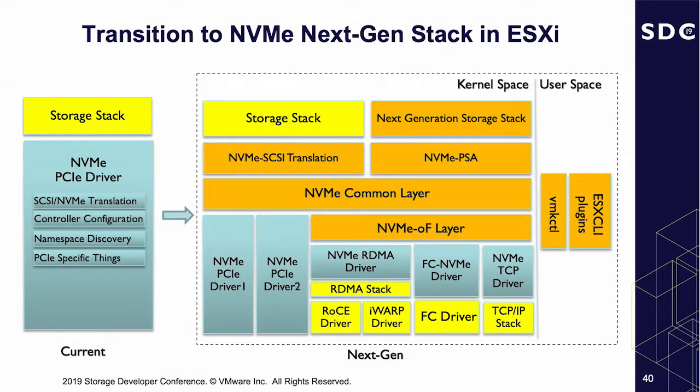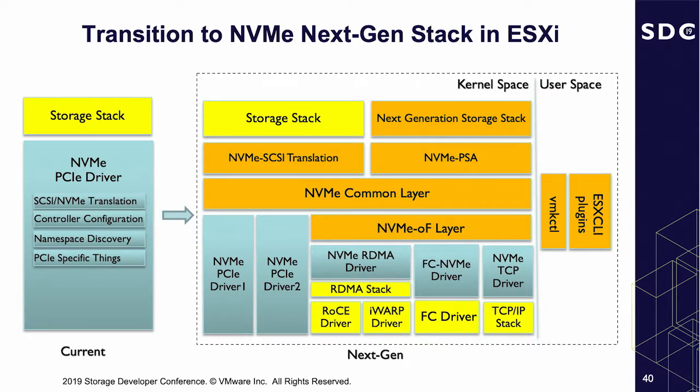model. So the right side presents the new layered model that we are moving to. It introduces a new common layer, the NVMe common layer, which basically supports all the new base specifications from NVMe. We also have the layer for fabrics, under which we can layer in all the various transport drivers and stacks.